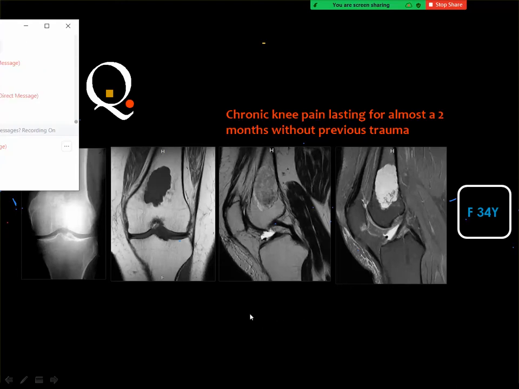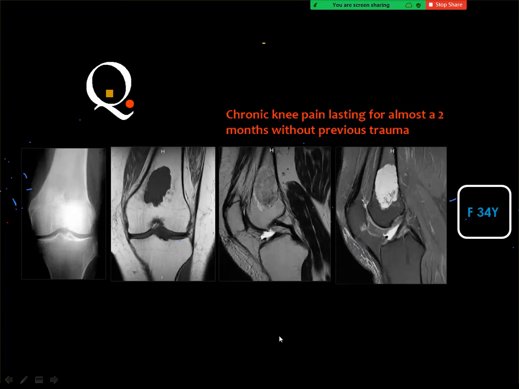Simple bone cyst, non-ossifying fibroma. Okay, and you remember that simple bone cyst is an expanding lesion that is located mainly in the proximal femur and the proximal humerus. And non-ossifying fibroma is a cortically based lesion, and it usually shows low signal in all pulse sequences because of the fibrous component of the tissue.